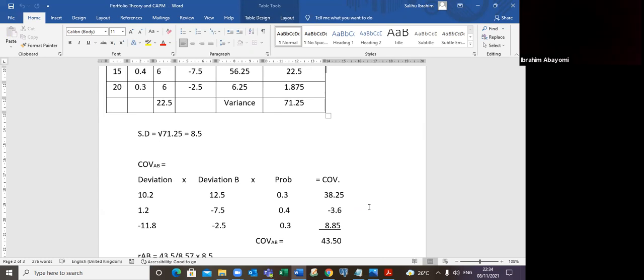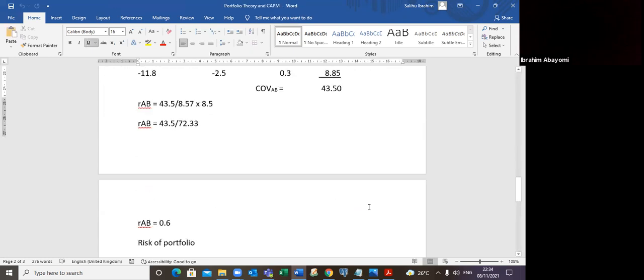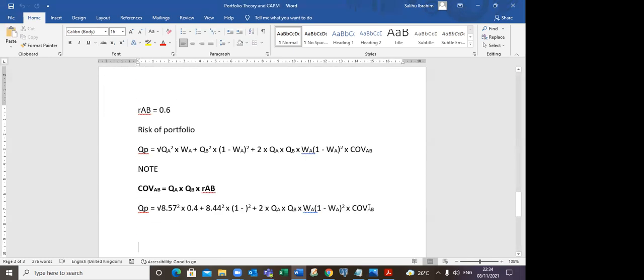This one is standard deviation A times standard deviation B times correlation of A and B. This is the covariance formula.